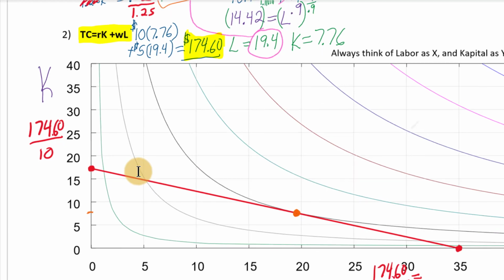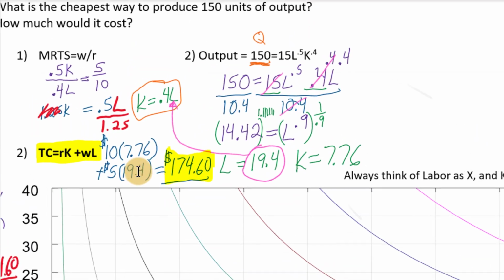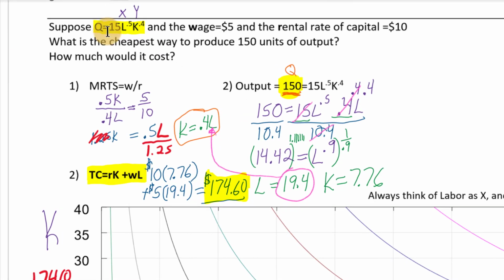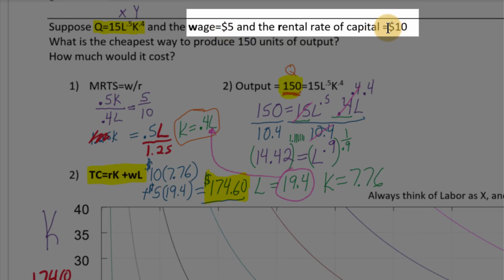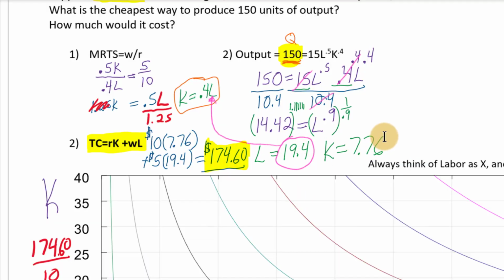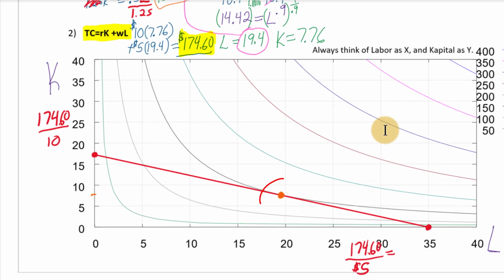So what we found last time was that if we wanted to produce 150 units of output right here, then the cheapest way to do it when the wages cost $5 per worker and capital cost $10 per unit, the cheapest way was to get 19.4 workers and 7.76 machines. And we graphed that point here as the orange point. So that's with 150 units.